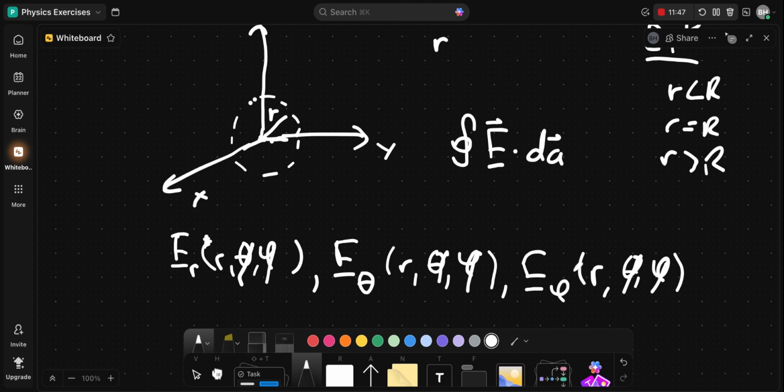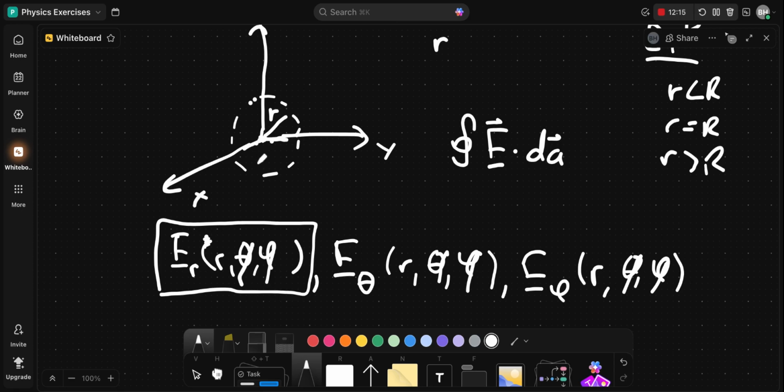You can intuit that for a point charge at the origin, we only had an r component of the electric field, no theta and no phi component. And that's going to remain true if we add shells of electric charge onto that point charge. That's the only thing we can do in a spherically symmetric system.